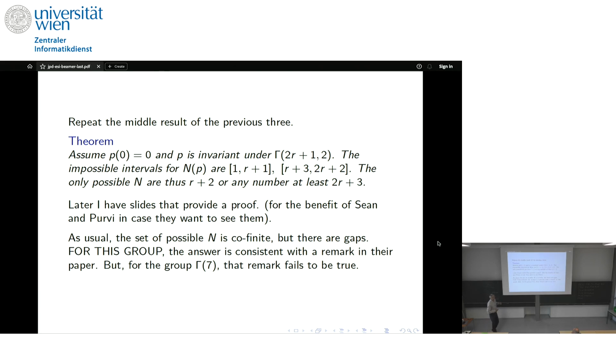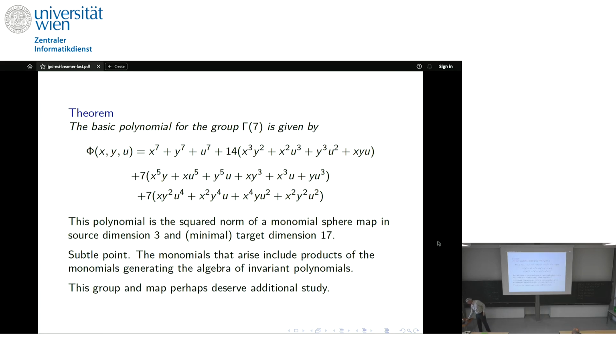But for the other group, the one with this one, the new phenomenon arises. I want you to stare at this polynomial for a minute. If I look at this group and I write down a basis for the algebra of polynomials invariant under the group, I call the variables x, y, and u, much to the horror of my co-authors.